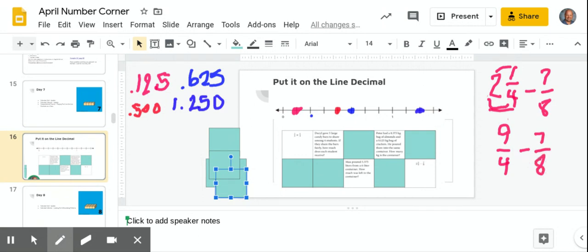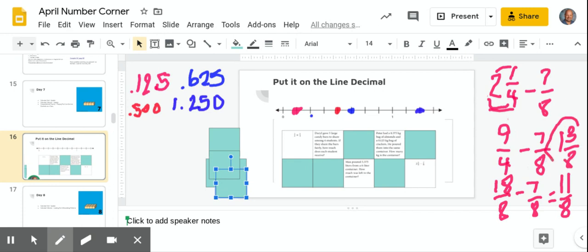And then I can go down here and convert my fourths into eighths, which I will do like this. I am multiplying my 4 by 2, so I have to multiply my 9 by 2, and I get 18 eighths minus 7 eighths, and that equals 11 eighths, or 1 3/8.